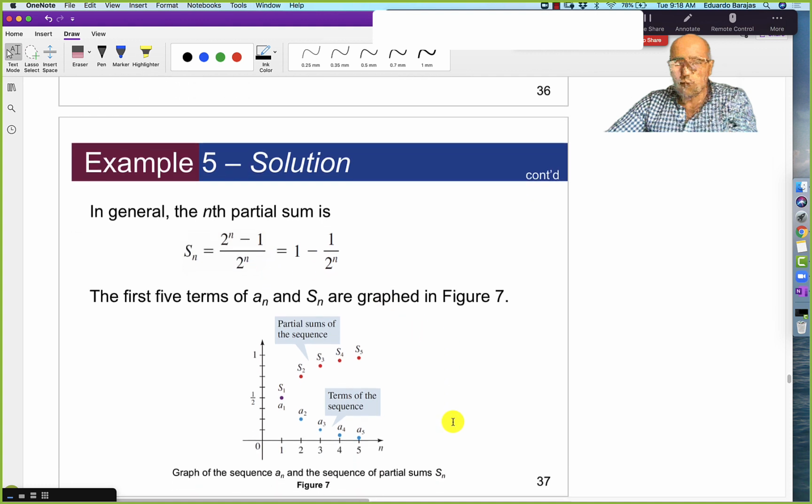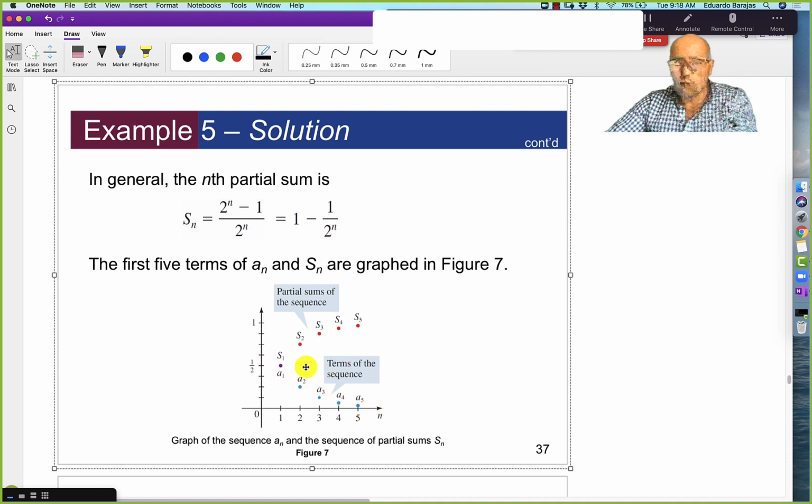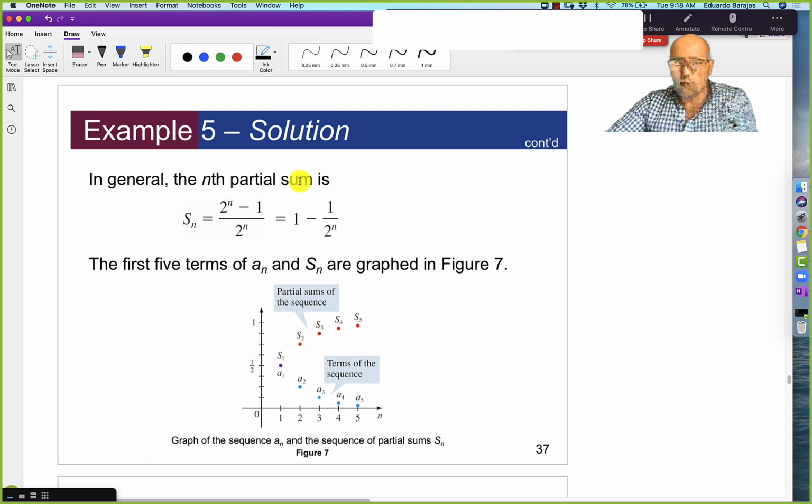And then we can also just map it all and see a pattern. The original values, the a sub 1, a sub 2, a sub 3, a sub 4 values, map this way, whereas the sequence of partial sums are mapping up to here. Particularly when we see it in this notation, we can see what's going to happen in the long run.